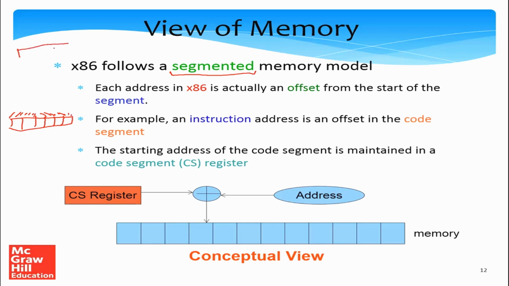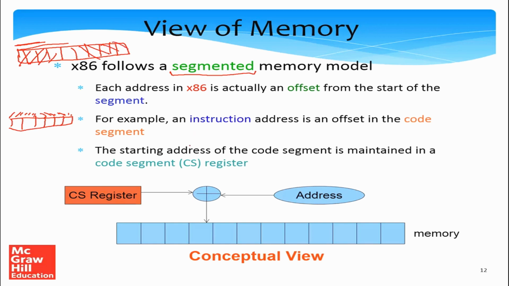It's more like a Harvard model in that sense, a logical Harvard model. But the idea is that given a large array, we are interested only in parts of the array called segments, right? So maybe this part and this part.